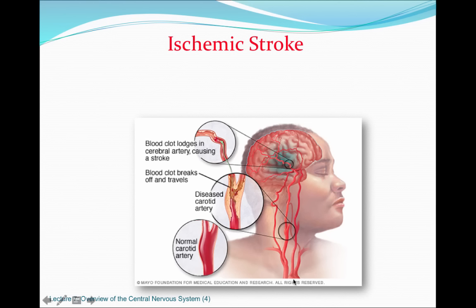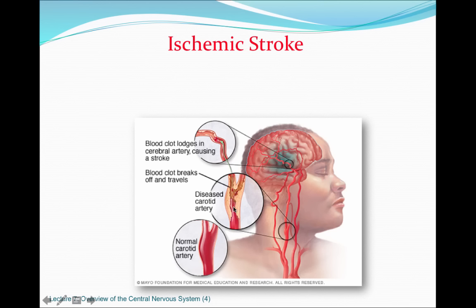This blood is coming from the carotid artery as well as the vertebral artery, the common carotid artery and the common vertebral artery. So you have blood coming in, and some of it moves to the anterior part, some of it moves to the middle part, some of it moves to the posterior section. So in a normal carotid artery, you can see there's a very nice flow of blood. Looks very nice and rich.